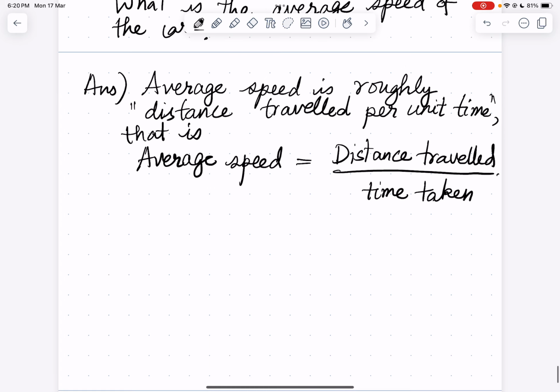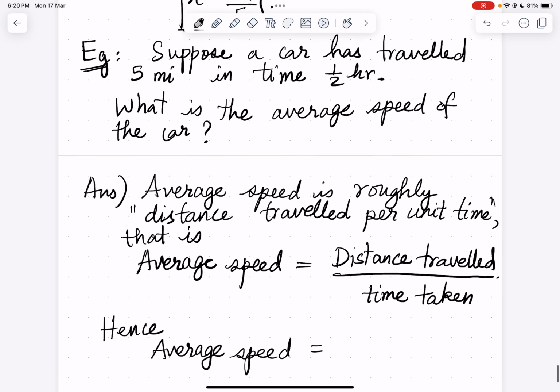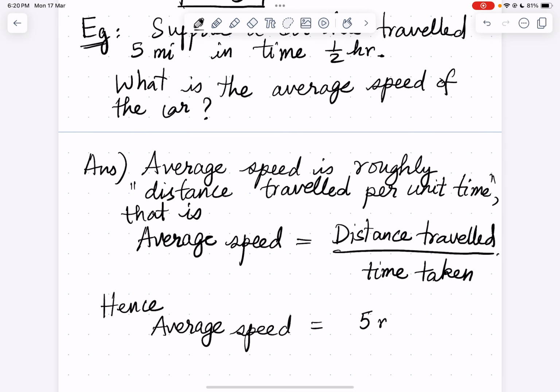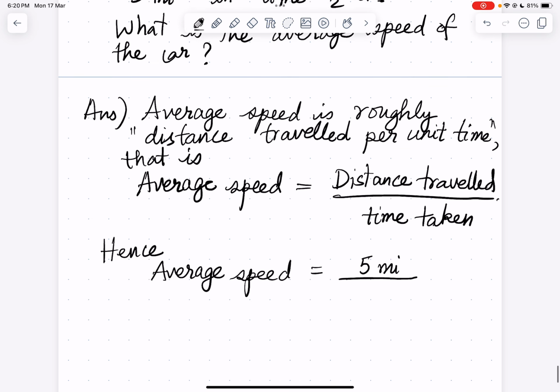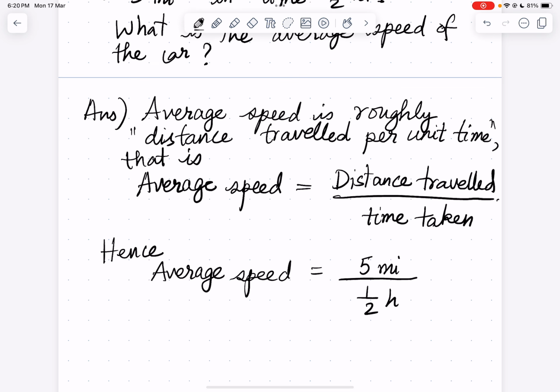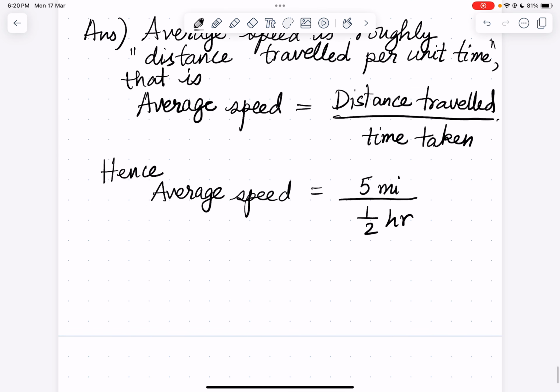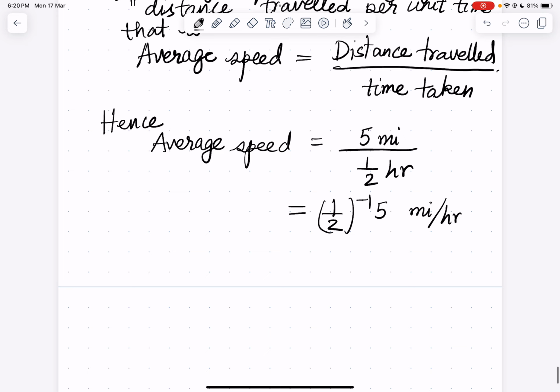Hence, average speed here is, the car has traveled 5 miles. So 5 miles by half an hour. So distance traveled by time taken is 5 by half, so the multiplicative inverse of half times 5 miles per hour.